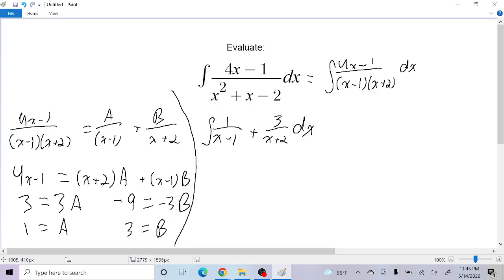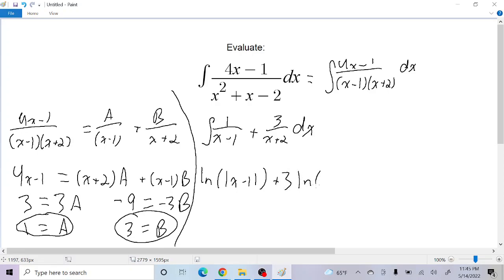And we get this by plugging each of these answers back into this equation here. So solving this integral, we get ln of x minus 1 plus 3 ln of x plus 2 plus C.